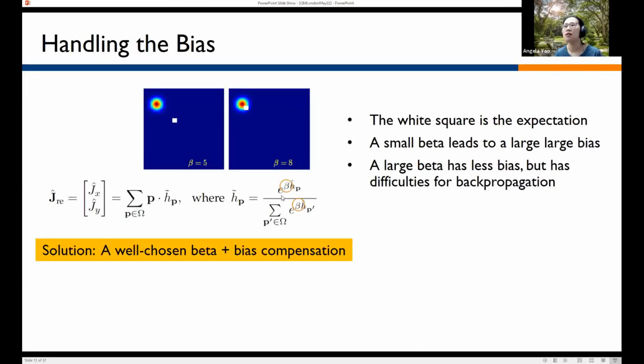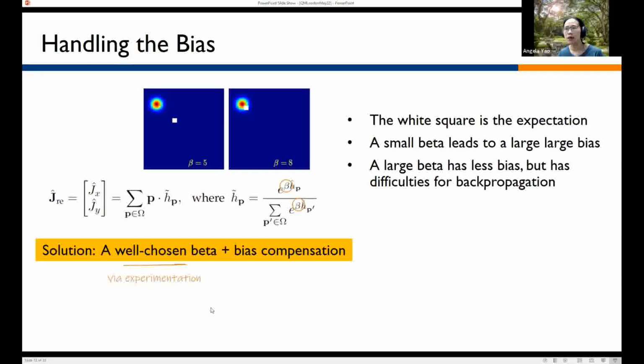In the extreme case, you can imagine if beta goes to infinity, then this softmax normalization basically becomes an argmax operation, right? And so it's no longer differentiable in that situation. So you cannot choose too large of a beta. You want to choose a suitably sized beta, but still ensure that you can backpropagate and that this operation remains differentiable.